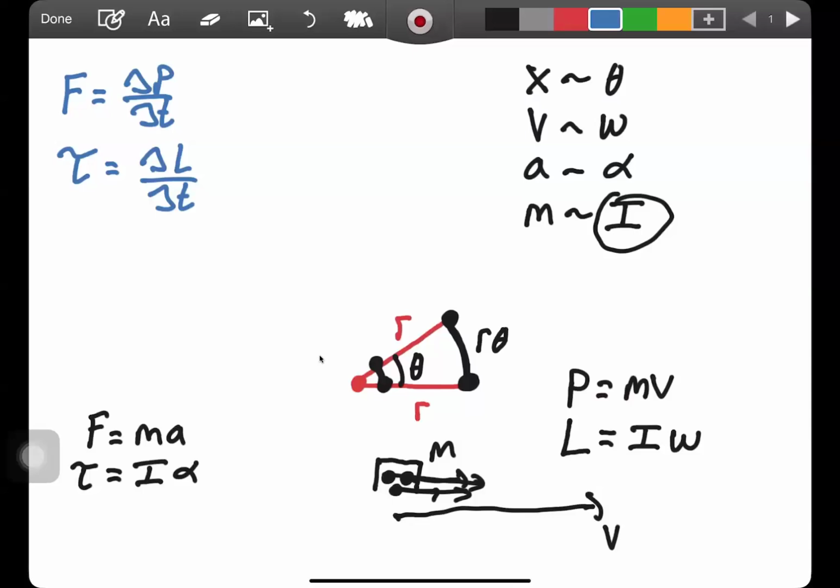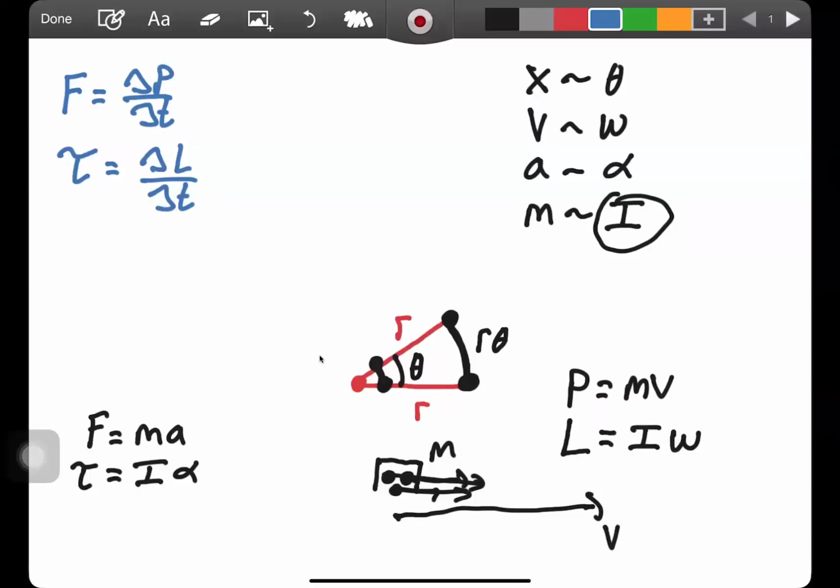So if you have situations where there's no net force, you may want to think about using angular momentum conservation or momentum conservation, where you would immediately know that the total momentum of the system before and after is the same. So one last thing.